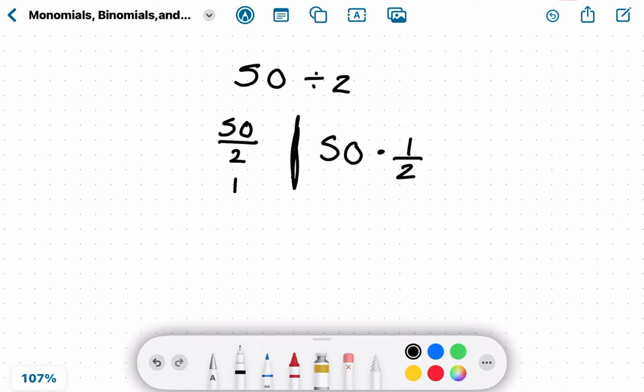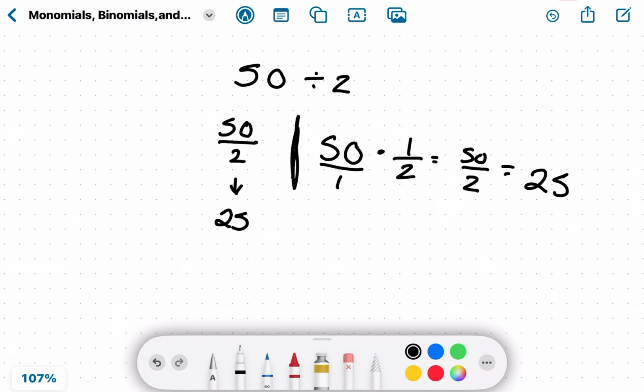50 divided by 2 in a fraction is 25, and also 50 times 1/2 can also be written as 50 divided by 2, right? Because put this under 1, 50 times 1 is 50, 1 times 2 is 2. 50 divided by 2, or 50 times 1/2, is also equal to 25. So, yeah, also kind of explains why fractions are variables as well.